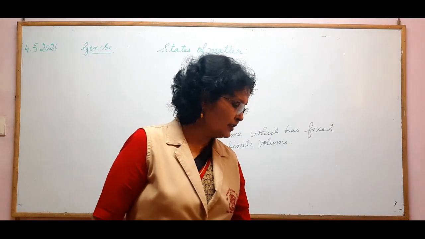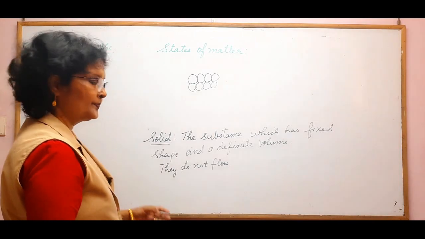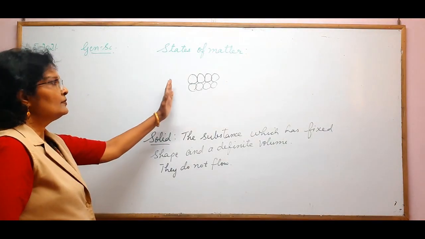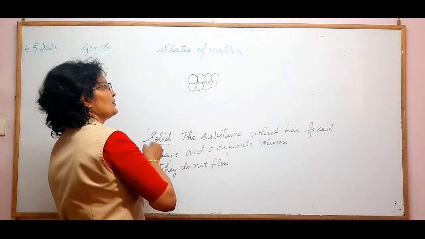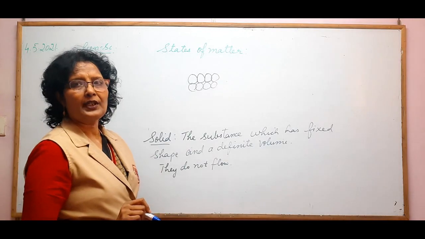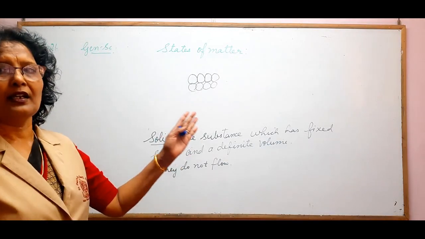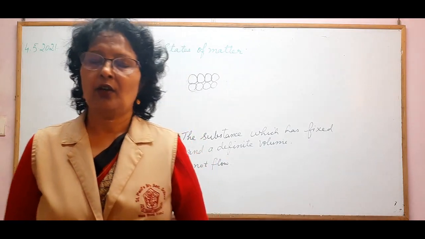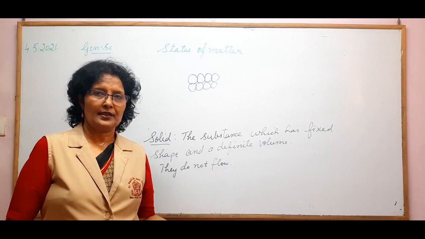Is that clear? So, I will just show you that the molecules, there is no space in between. There is no space in between these molecules. Okay, when you look in your book, I will show you the diagram towards the end. I will show you the diagram or the molecular arrangement of solid.